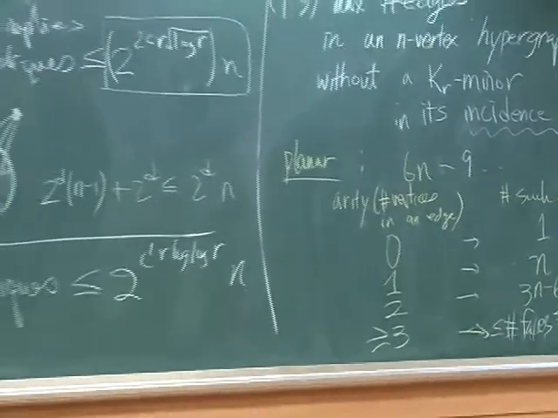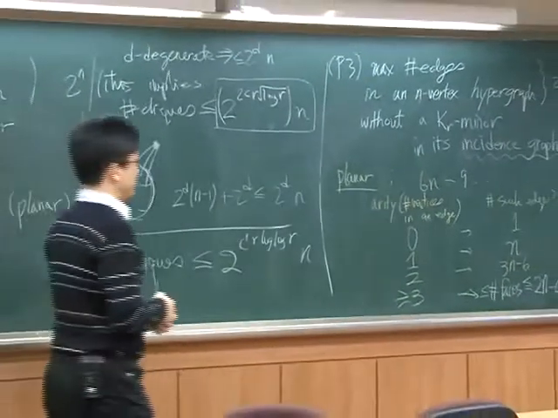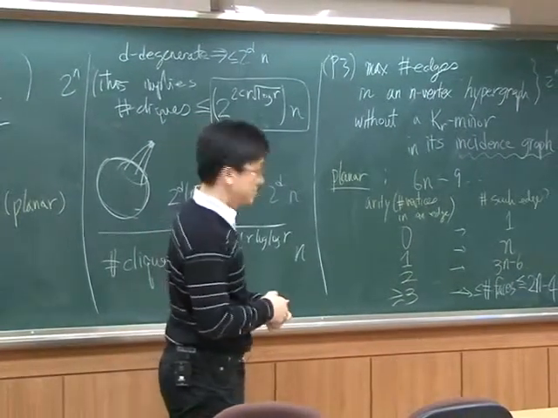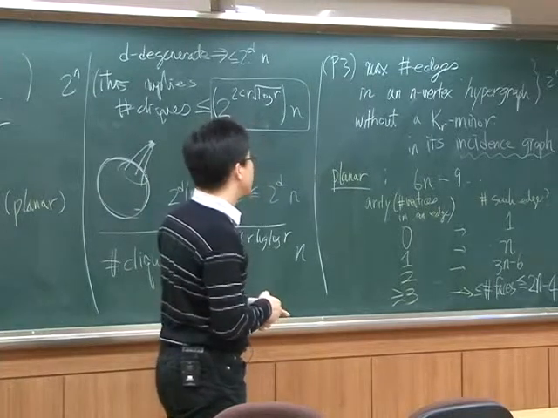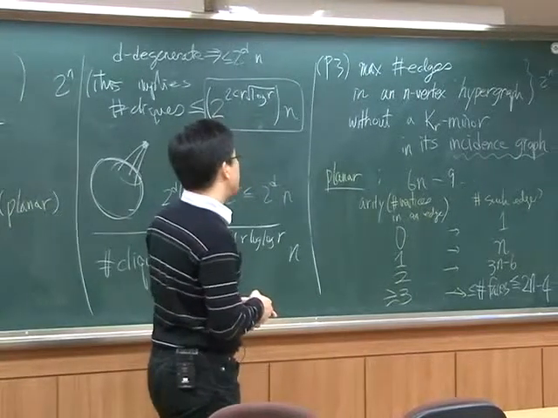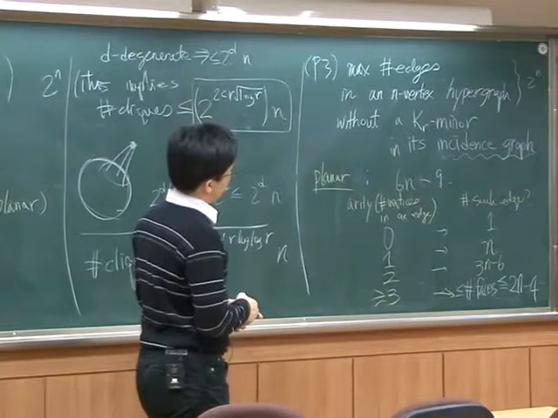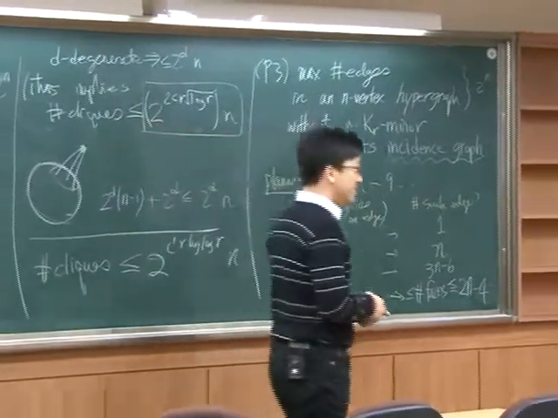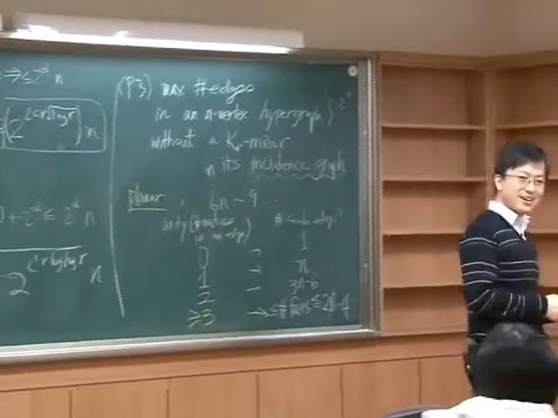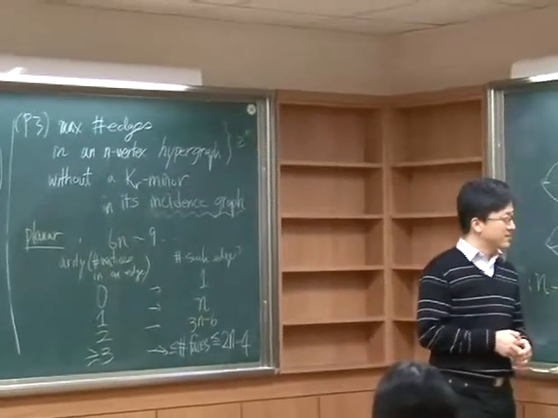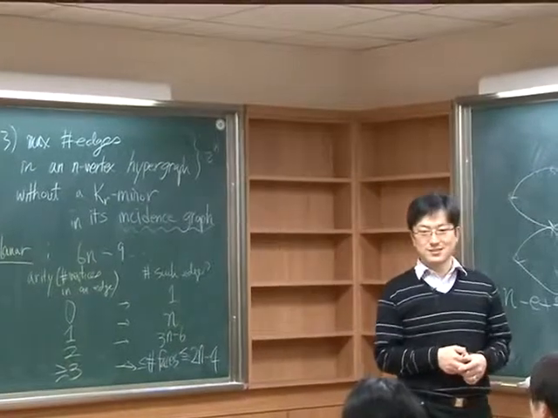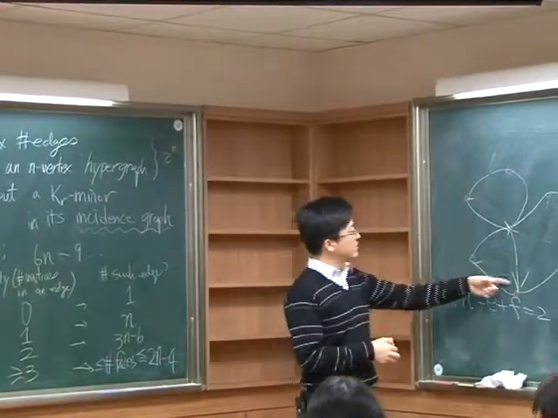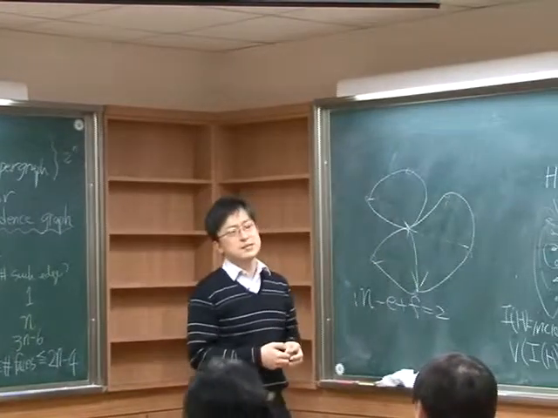2n minus 4, isn't that the maximum number of edges of a bipartite planar graph? Oh, is it? Then you double count, and cycles cannot have length three, so right, that makes sense. Is there a connection there? Yes, but I'm not sure.